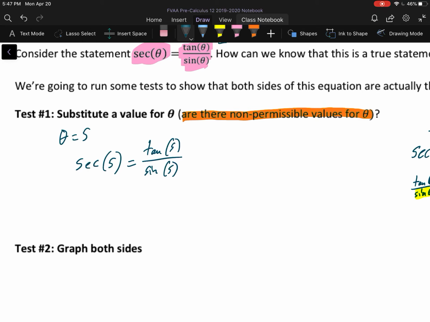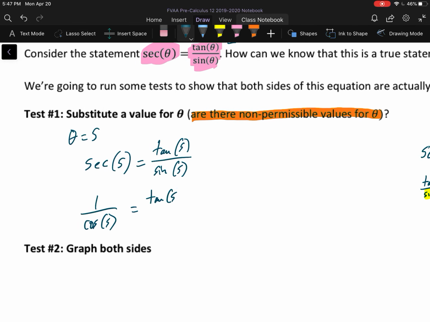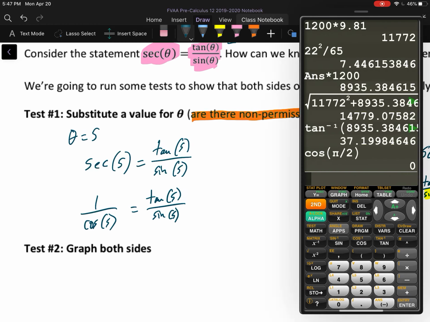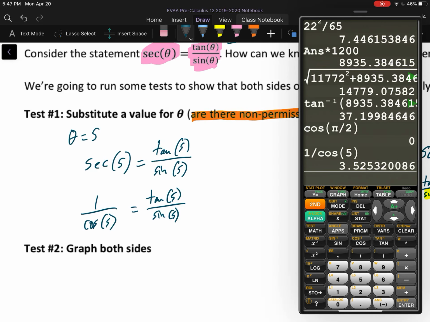In my calculator, I don't have a secant key, so on one side I'm going to do 1 divided by cos 5, and on the other side I can put tan 5 over sine 5 and see what that gives me. So 1 divided by cos 5 gives me that number there. That's a lovely number.